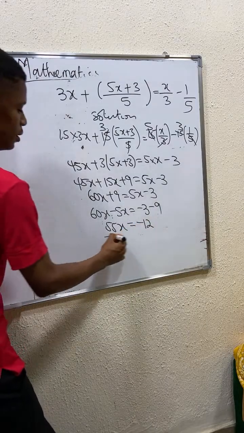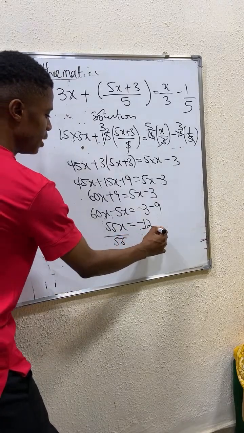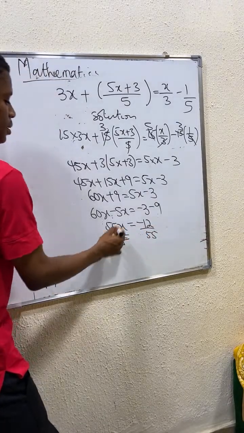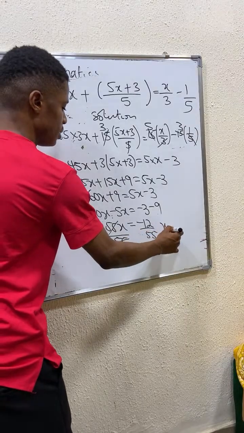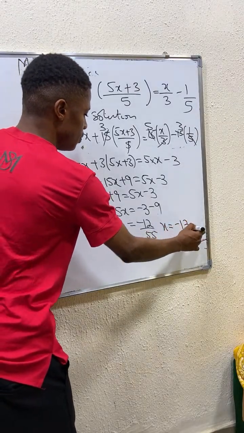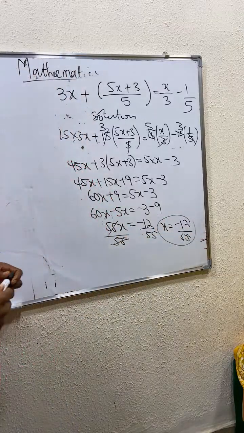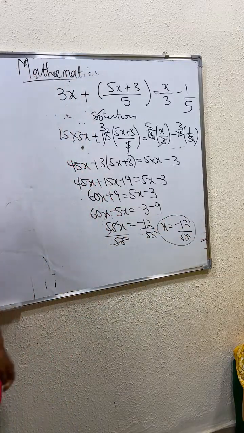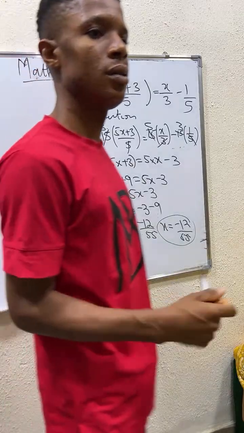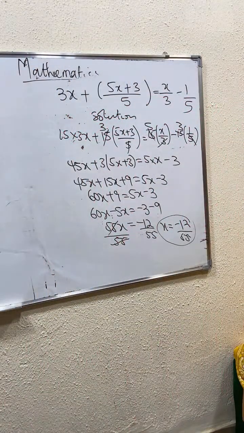Yes. So we divide by 55 on both sides. If you do simple division, you see that x is equal to minus 12 over 55. Okay? Do you understand it? Yes. Okay, so I want you to write it and learn it.